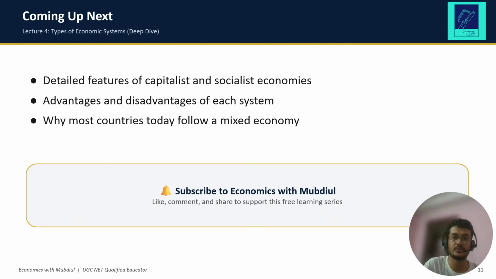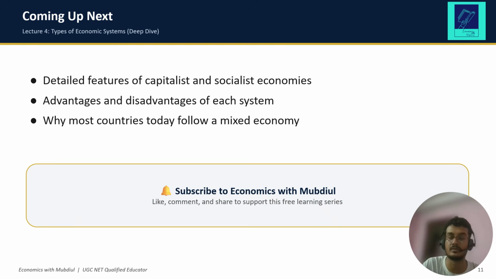Today's lecture introduced the idea of different economic systems, but we have only scratched the surface. In the next lecture, we'll study them in much greater detail. We will compare capitalism, socialism, and mixed economy. We'll discuss their features, advantages, disadvantages, and real world examples. We will also answer an interesting question: is capitalism so efficient?